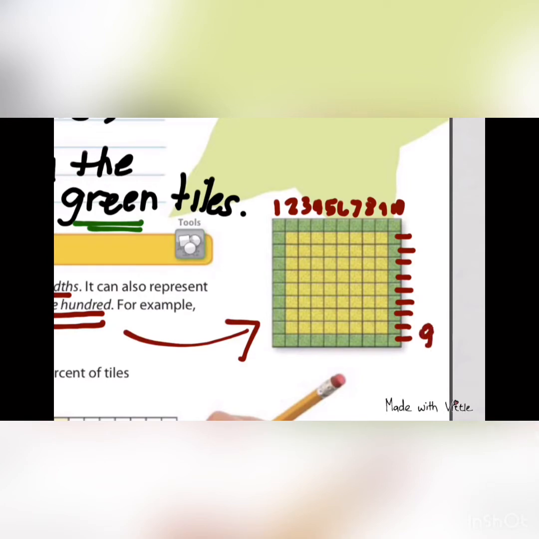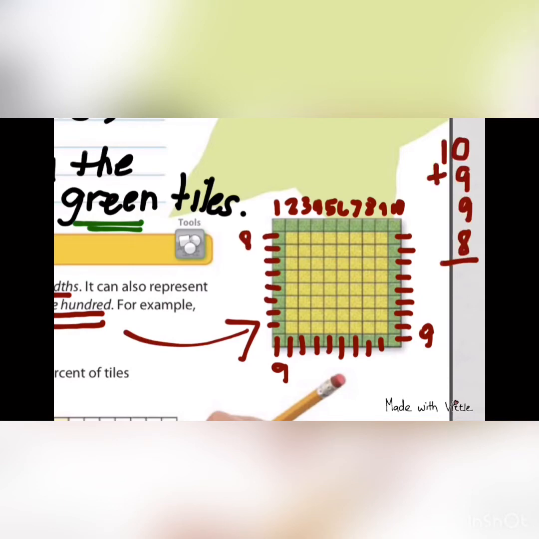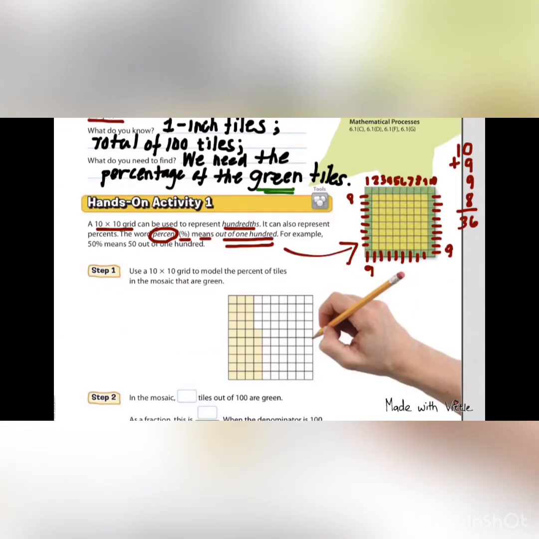Just take note of that. And then continue around it. Go ahead and add them up, all the green tiles around the mosaic, and we're going to have a total of 36 green tiles. Also, in step 1, the green tiles can be represented this way.